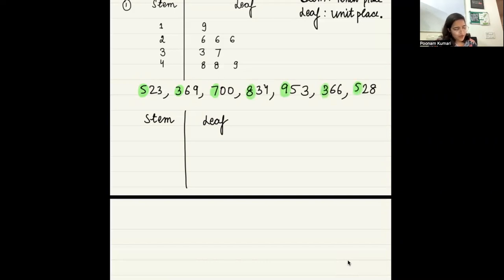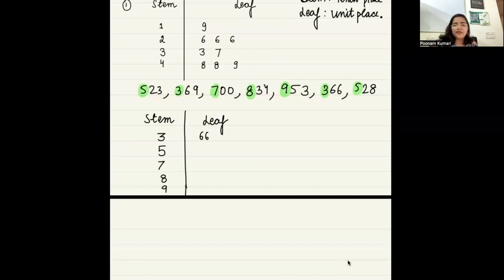So how can I write it? What are the numbers that I have? I have 3. And then I don't have 4, right? No 4 here. And then I have 5. What else is there? 6 is not there. 7 is there. 8 is there, and 9 is there, right? So what are the leaves corresponding to it? In front of 3, what do we have? 66.